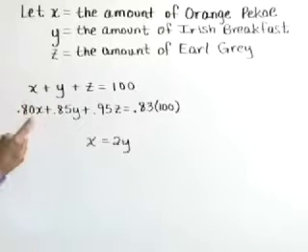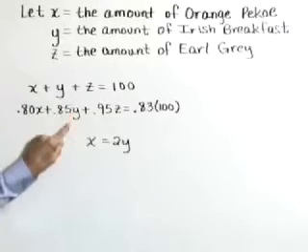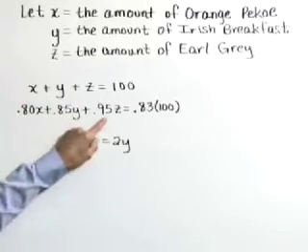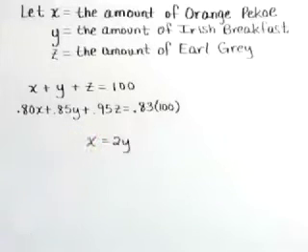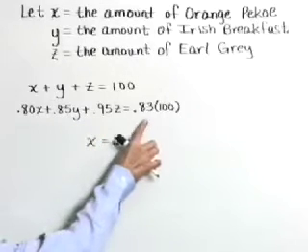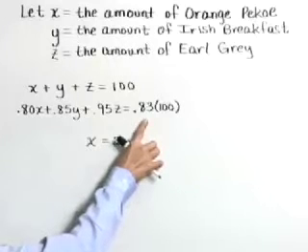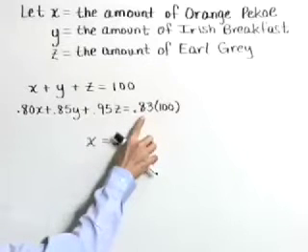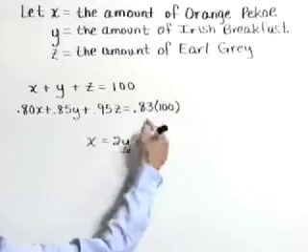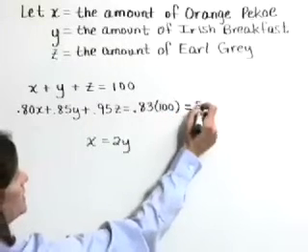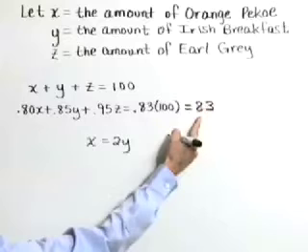So we have the value of this amount of orange pekoe plus the value of this amount of Irish breakfast plus the value, in dollars, of the amount of Earl Grey equal to the value of our total mixture. And we're told that this mixture is going to sell for 83 cents per ounce. There are going to be 100 ounces of it. I'm going to go ahead and make a note that that product is 83.